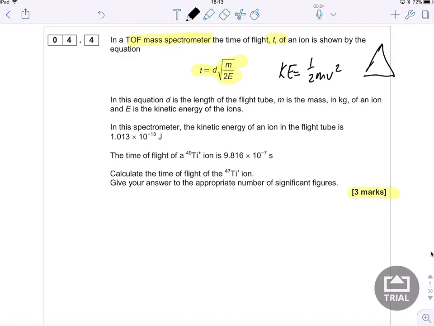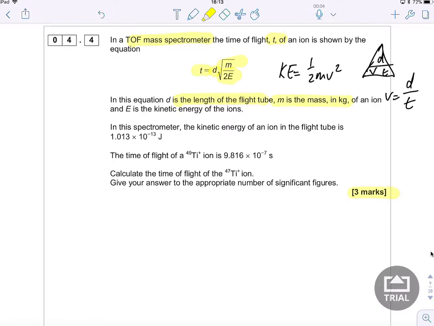So velocity is equal to distance over time. Okay, so v equals d over t.